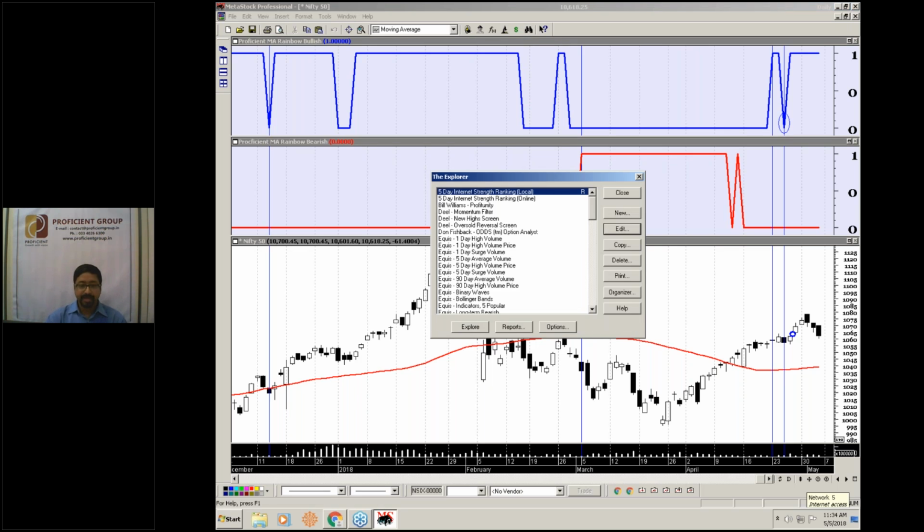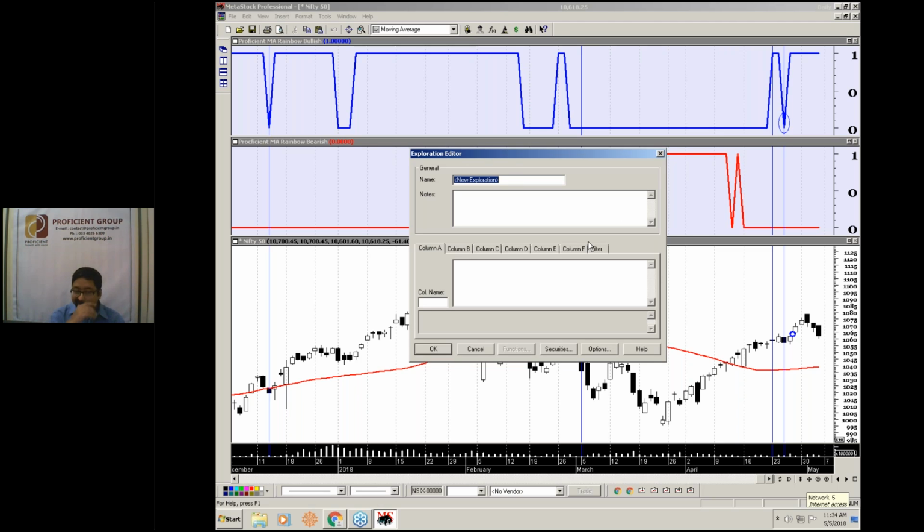Let us first go to the Explorer and create a new exploration with this New button. And here in this exploration editor, we will write a new exploration on Metastock, which is based on moving averages. Solely based on moving averages, we will try to find stocks that are in an uptrend and in a pullback mode, and also at the end of the pullback mode, right?